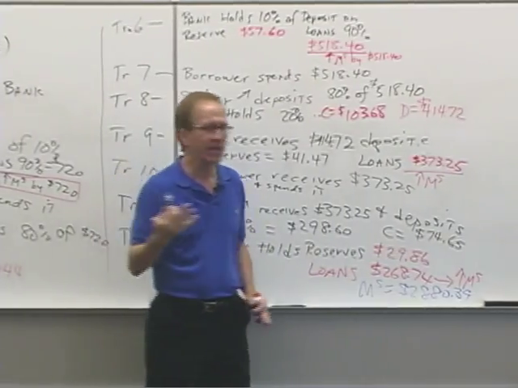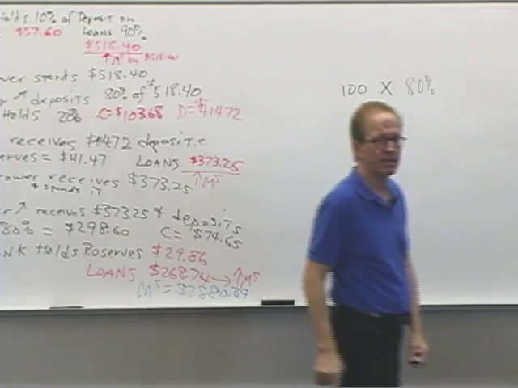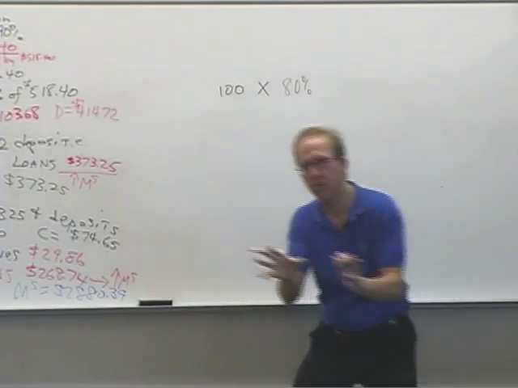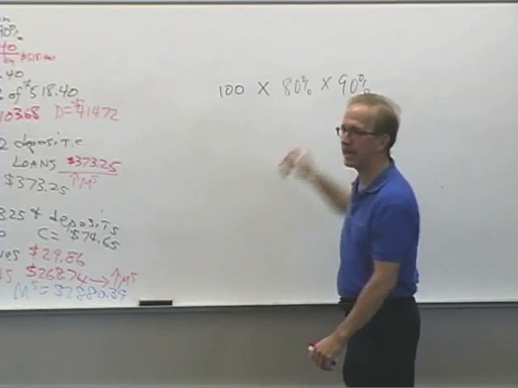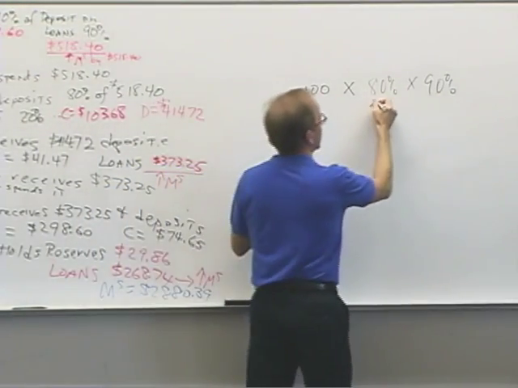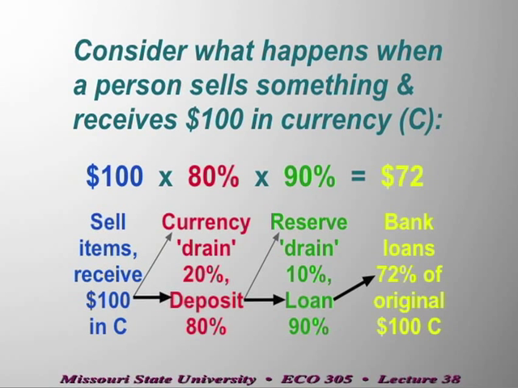The banker doesn't get a chance to loan out that 20% because that person puts it in their pocket. And there's only 80% that goes into the bank. And then the bank takes another 10% and sets it aside in reserves, and there's only 90% of what remains that could be loaned out. These are called drains. This is the currency drain. That is to say, it's not available for additional loans. And then this is a reserve drain.